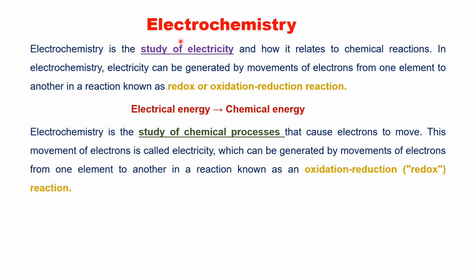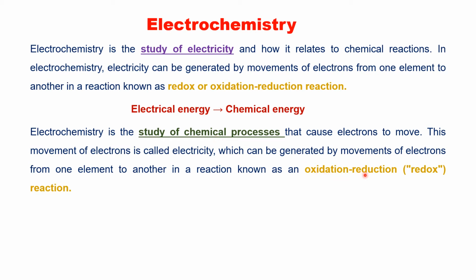Another process which we study in electrochemistry is the study of chemical processes that cause electrons to move. Here the electron means that there is electricity, and the chemical process means that there will be some chemical change or chemical reaction that is known as a redox reaction.